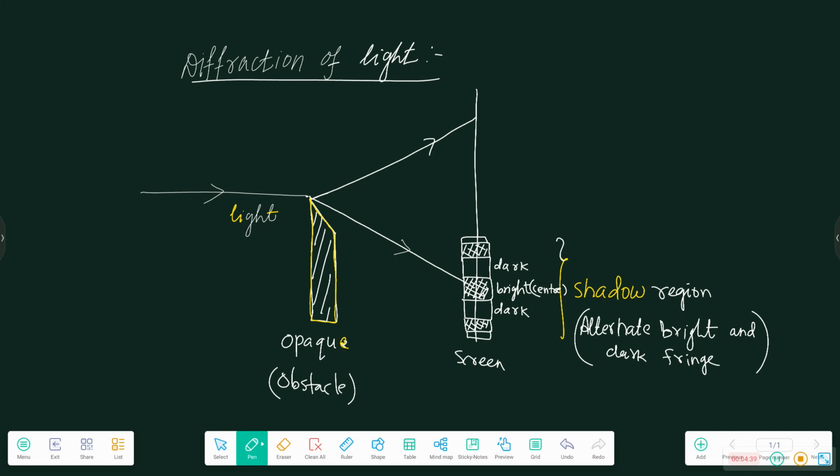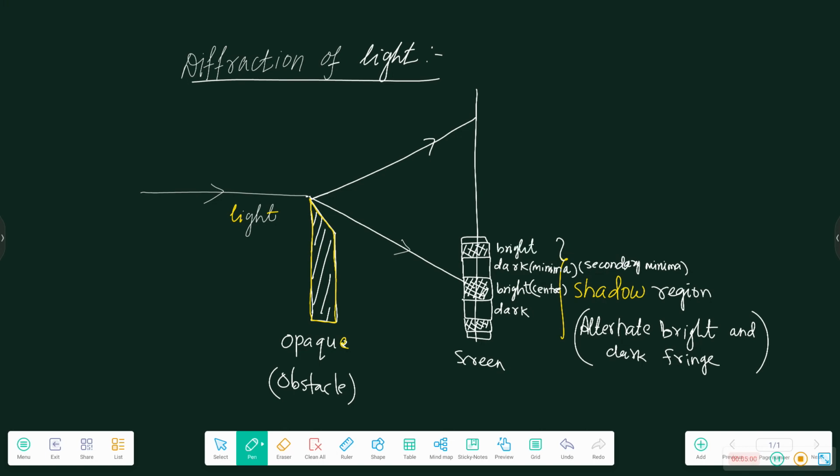Actually this dark is called minima. In physics words, intensity is minimum, that's a minima. You can also call it secondary minima. Next to it is bright.